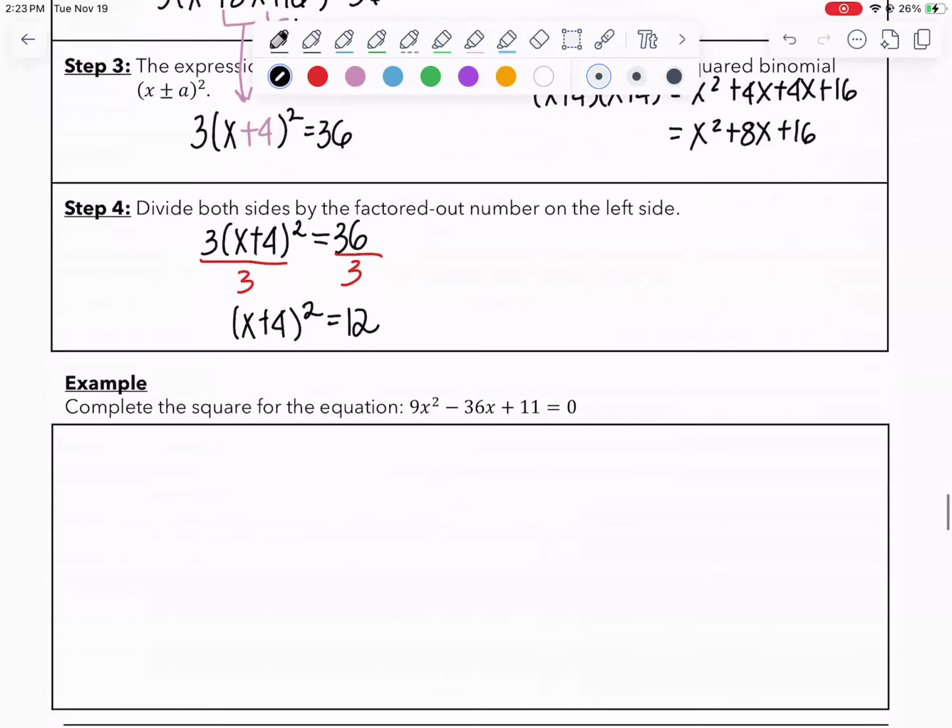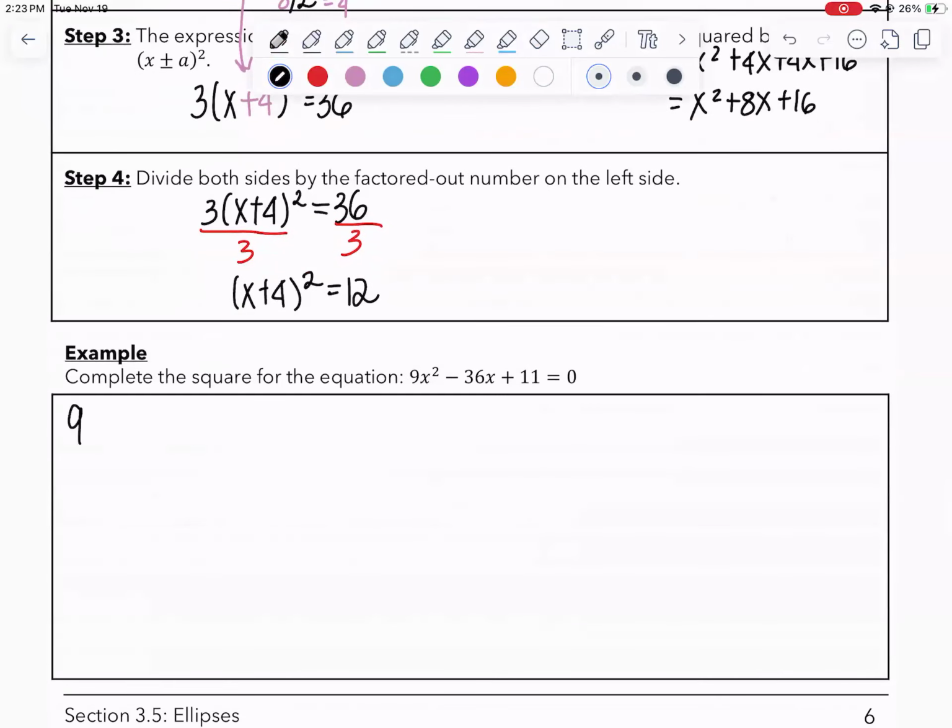So let's do one more example here without the steps written down. 9x squared minus 36x plus 11 equal to 0. We are moving the 11 to the other side, and then we are factoring out the number in front of x squared. So we have 9, factoring it out from the x term, 36 divided by 9 is 4, so 9 times x squared minus 4x is equal to negative 11.